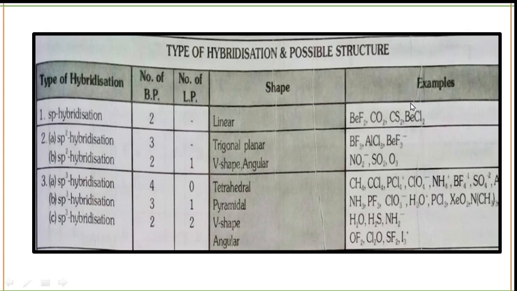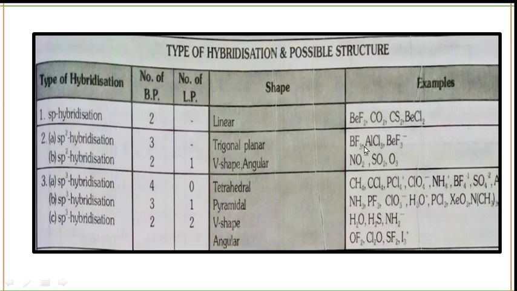You have to learn the number of bond pairs, the number of lone pairs and the shape according to the number of bond pairs and lone pairs. You do not need to remember the examples, because you will simply calculate the hybridization state for the example.